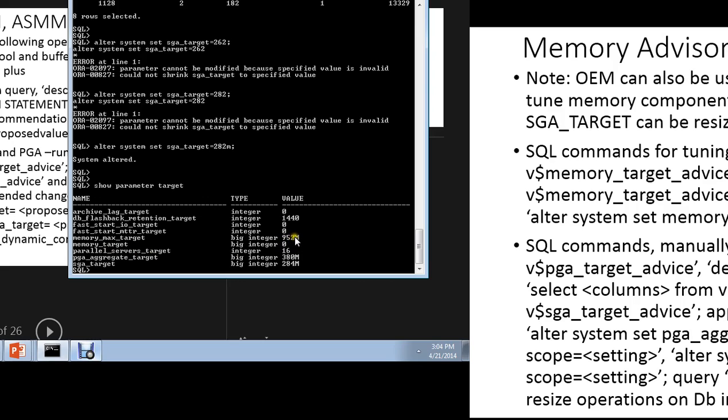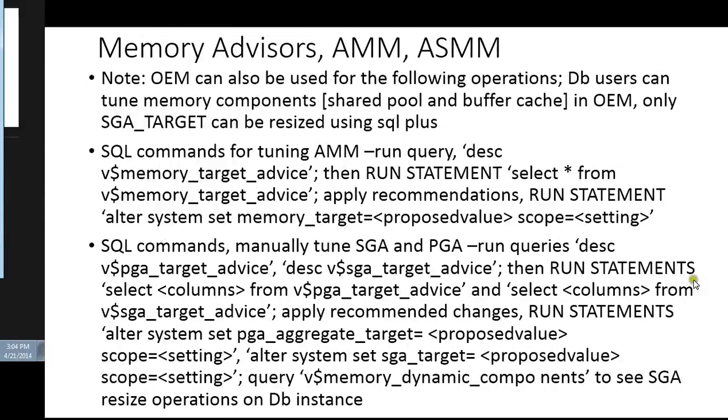I still have 952 as my memory max target. One of the things I should have highlighted is that memory max target is for both AMM and ASMM, or just manual configurations. So what I just covered is how to reallocate space to both PGA and SGA if you have more of a manual configuration.